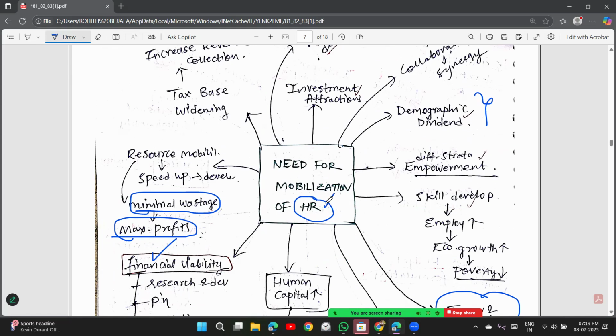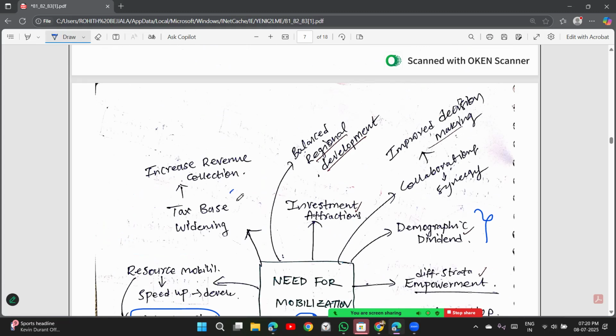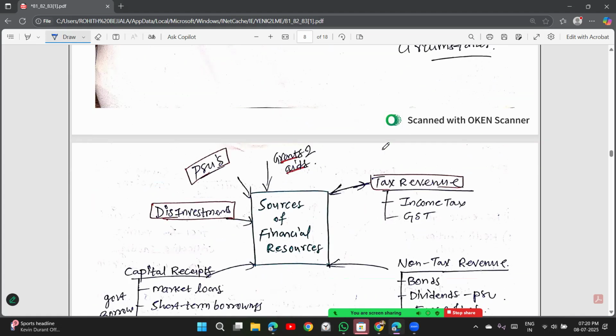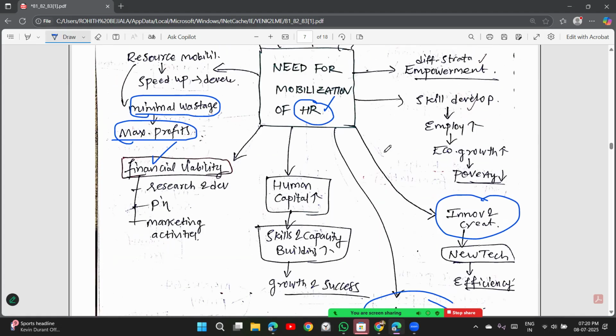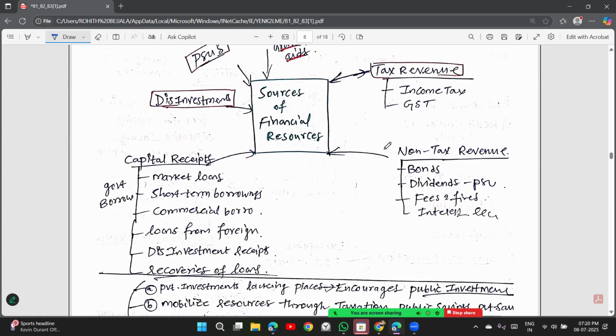And thus, we can improve the tax base. Tax base widening will happen. Thus, it will increase the revenue collection. So overall, if revenue collection is improved, then we can spend that money for developmental activities. So that is the need for mobilization of human resources.